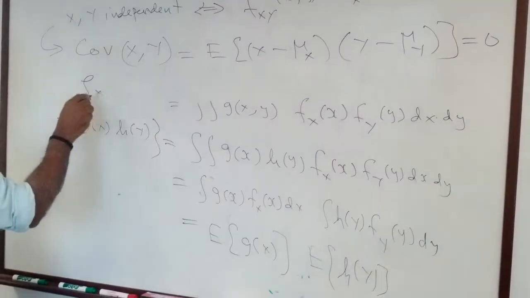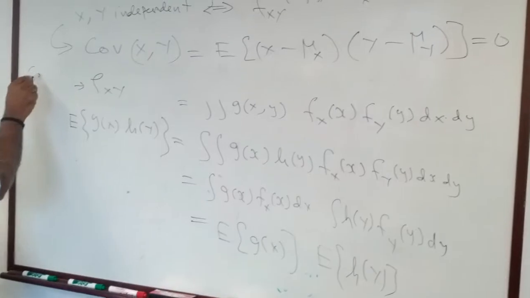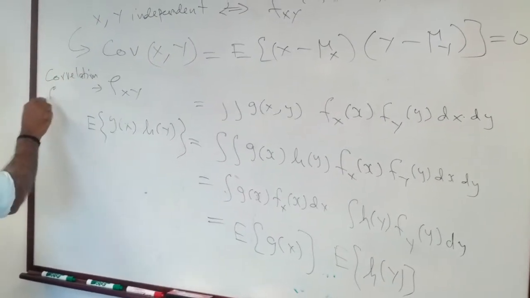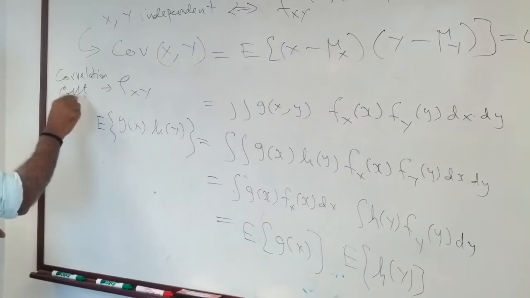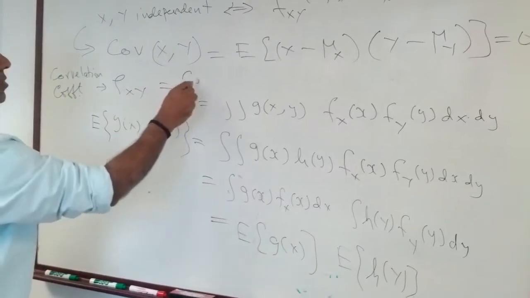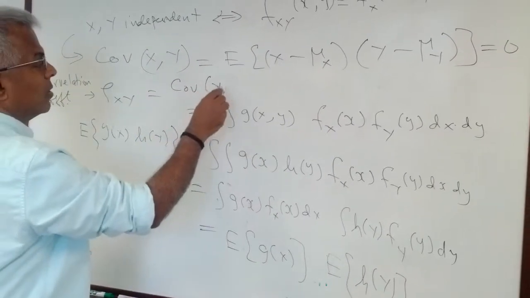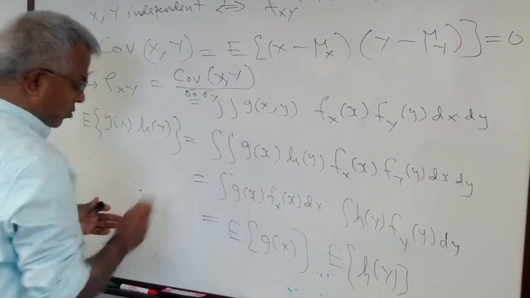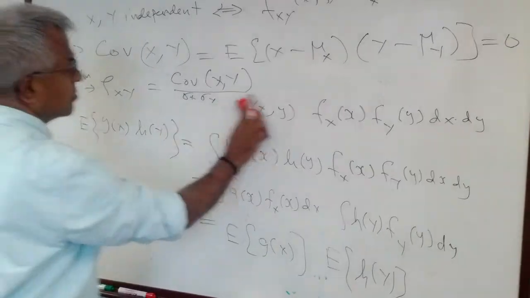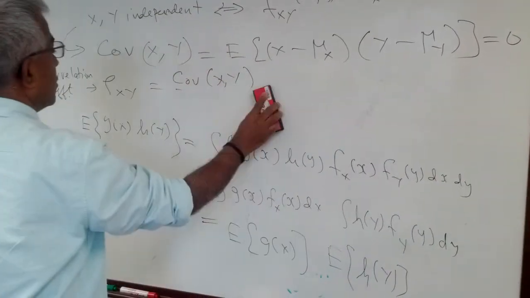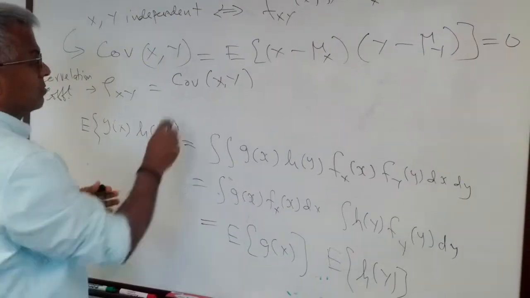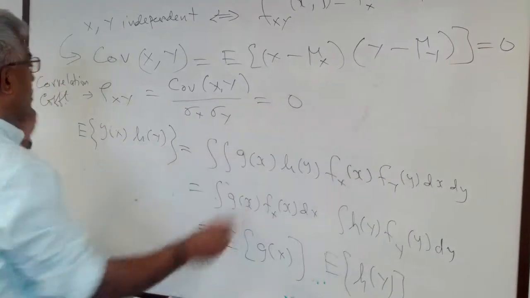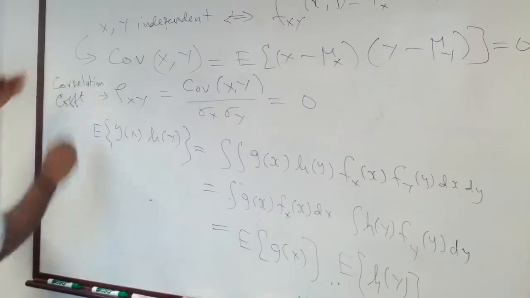Similarly, the correlation coefficient is the normalized covariance between x and y, divided by sigma_x sigma_y. So of course, if the numerator is 0, then the correlation is also 0 in this case.